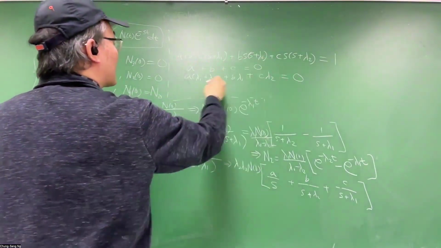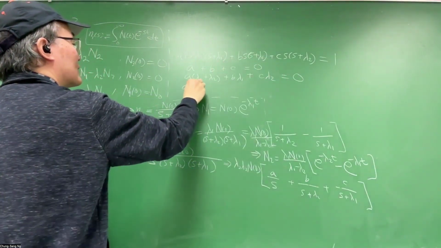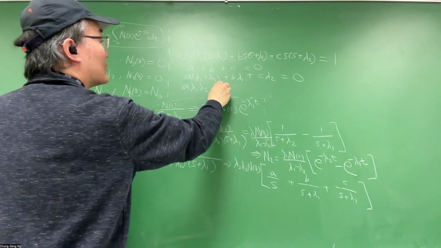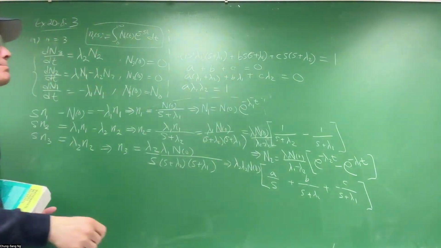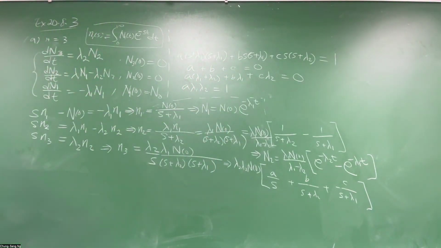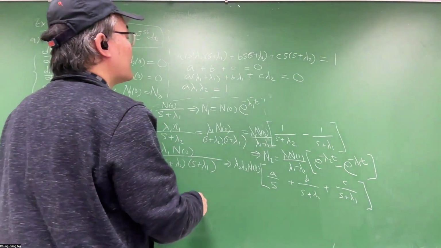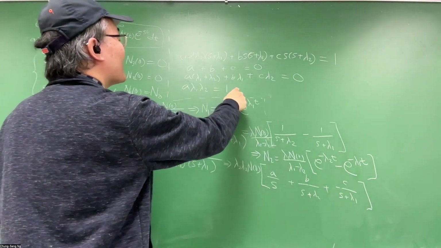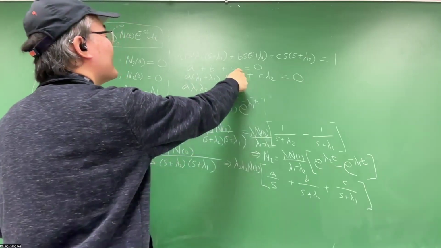And the constant term is 1. Right. Now, how do you solve it? The equation has 3 unknowns.